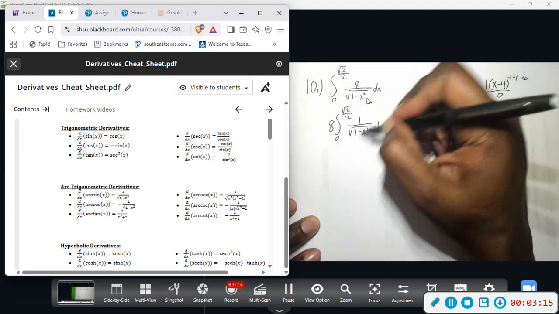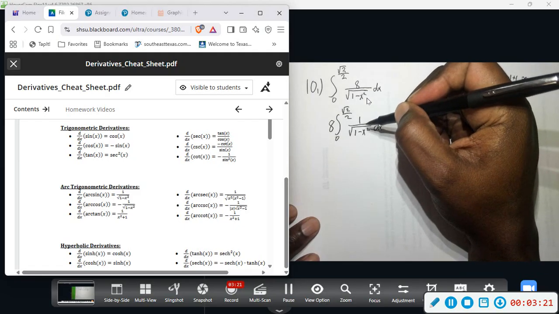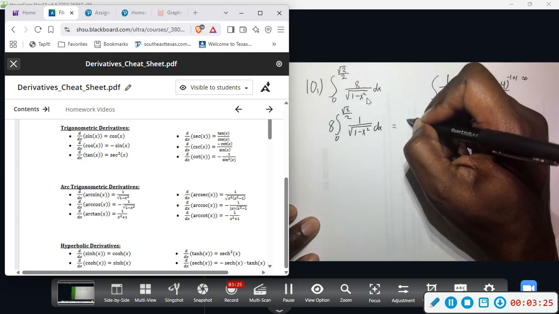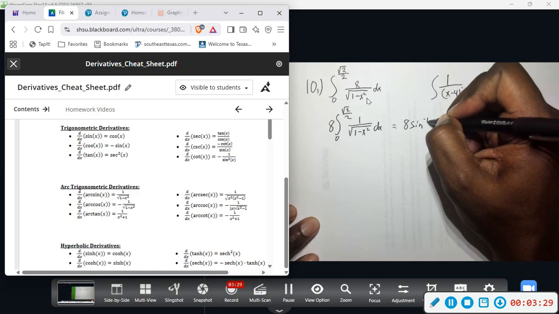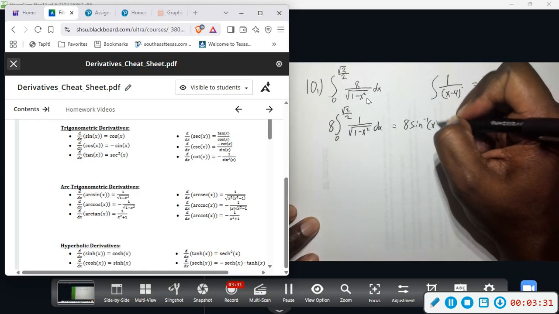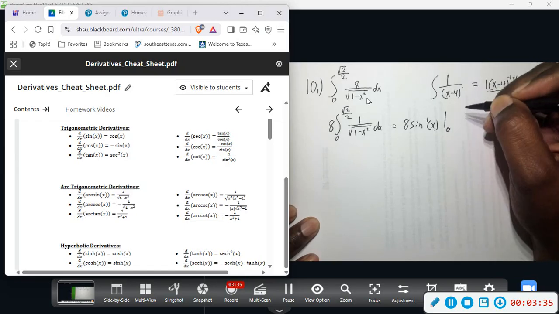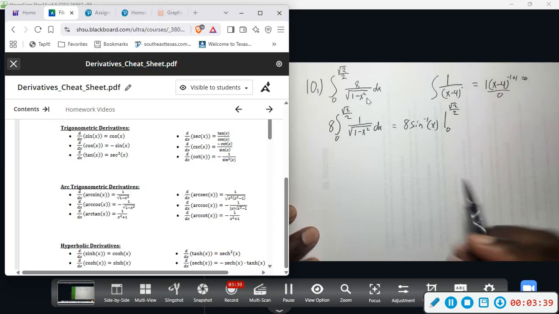Okay, this integral is going to be equal to arc sine, which is sine inverse. So it's 8 out front, sine inverse of x, and we're going to evaluate that from 0 to root 2 over 2.